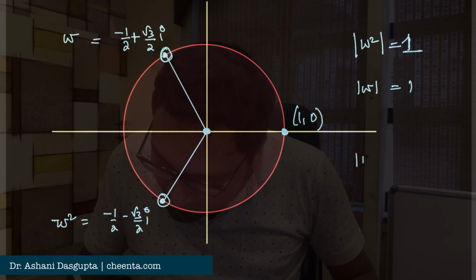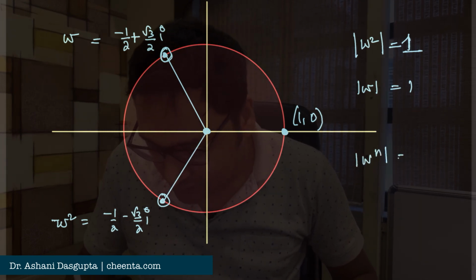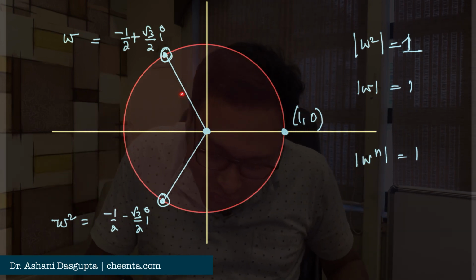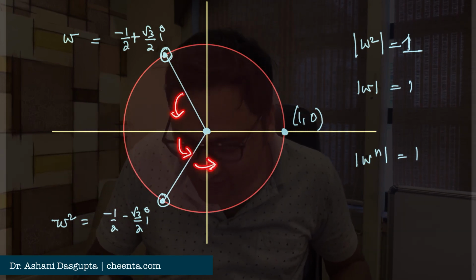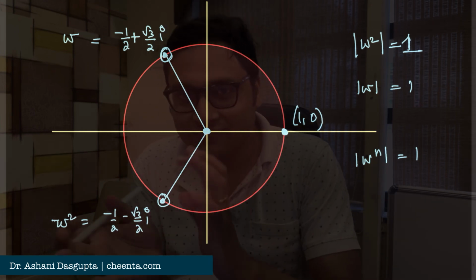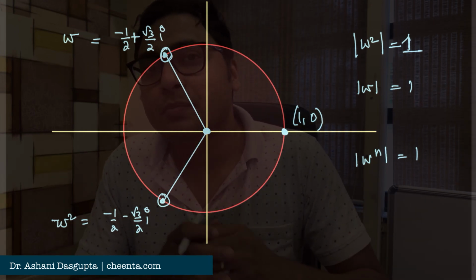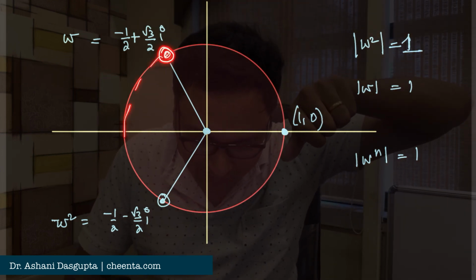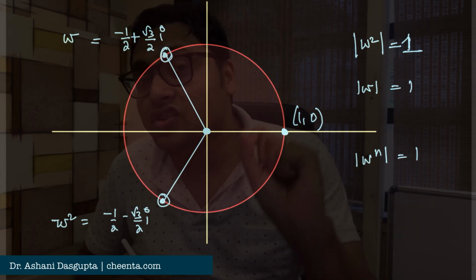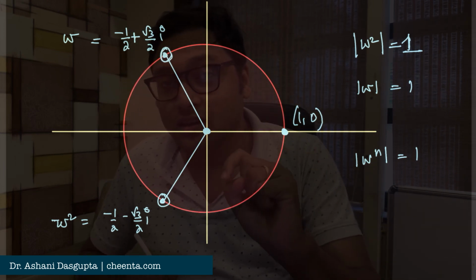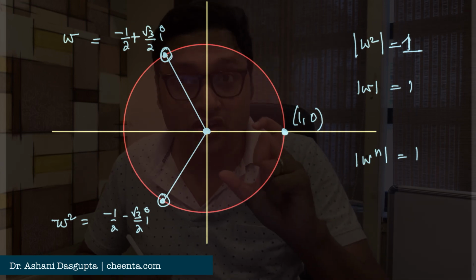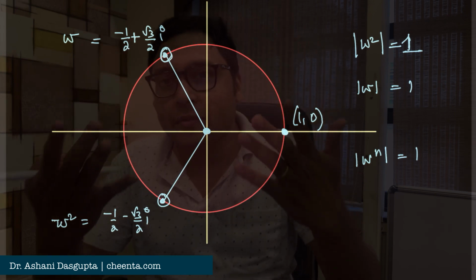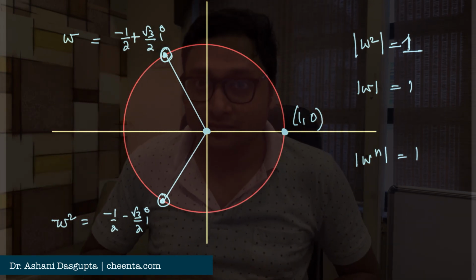In fact, any power of omega also has modulus 1. Why? Because you are just rotating n times, but rotation just changes the angle, so it changes the position of the point, but it does not change the distance of the point from the origin. The distance remains 1. So any power of omega has modulus 1.